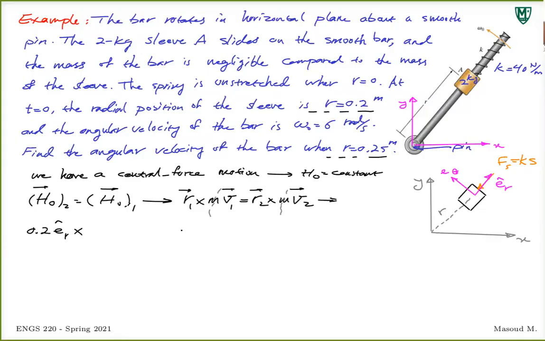Now, V1, let me write it this way. V1 as a vector, write it here. V1, we have VR ER plus V theta E theta, right? VR ER. This means this is R dot ER plus R omega E theta.